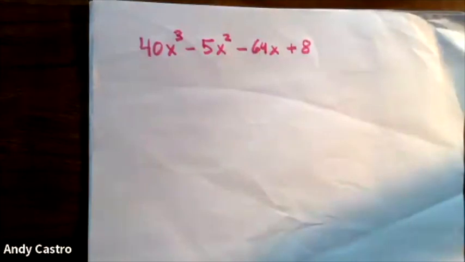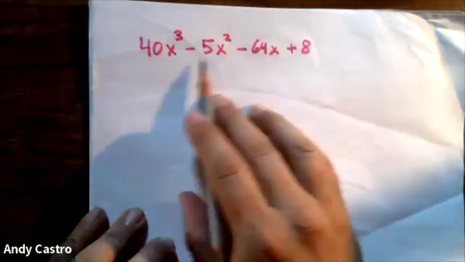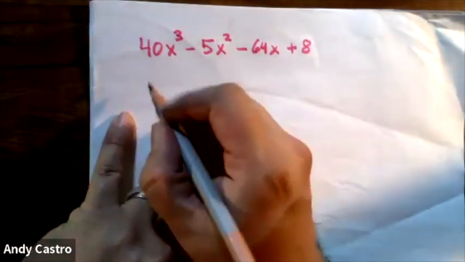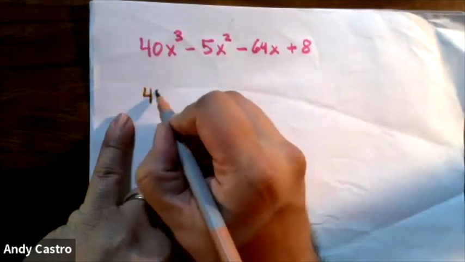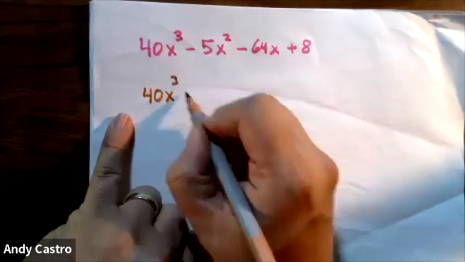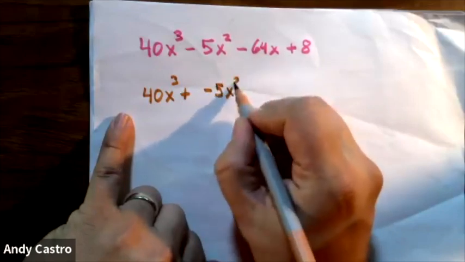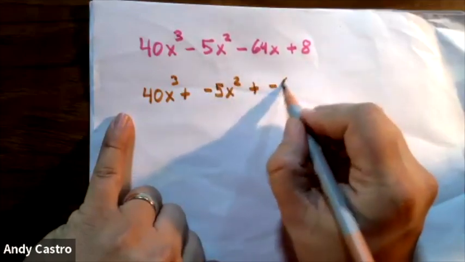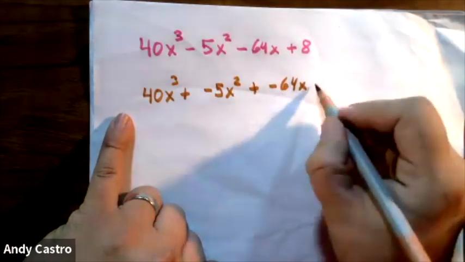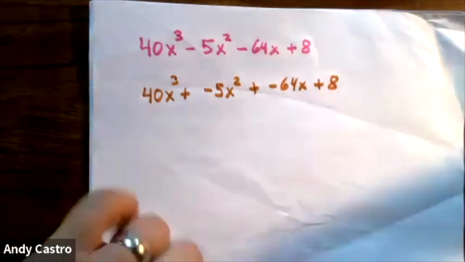All right. So here I'm going to change this minus and this minus. I'm going to go ahead and make them plus negatives. So 40x cubed plus a negative 5x squared plus a negative 64x plus 8.